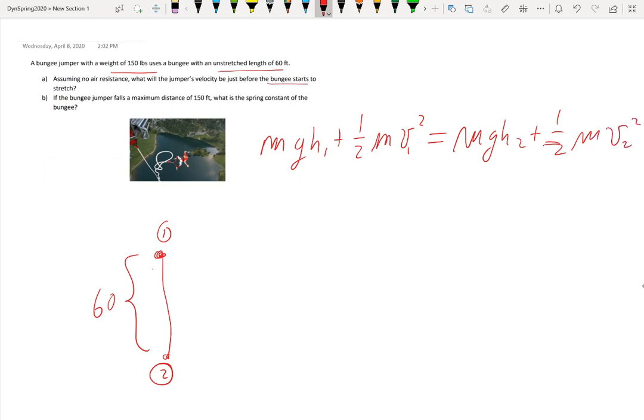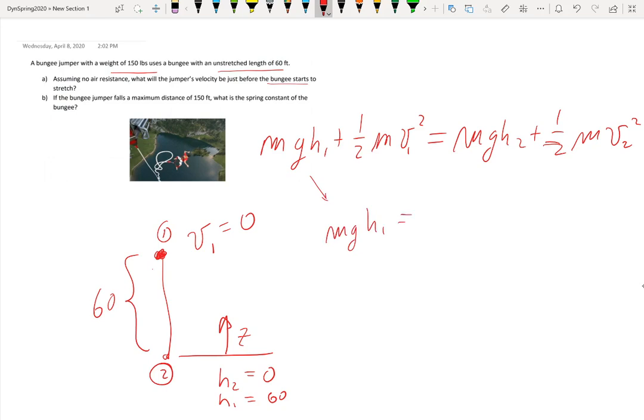I'll set my datum at the bottom. That's what I generally do. So this is z going up. If I do that, h2 equals 0. h1 is equal to 60. He jumped starting here at a 0 velocity.